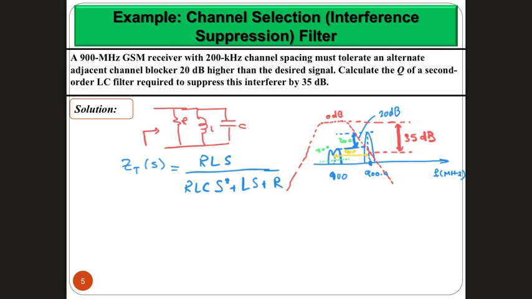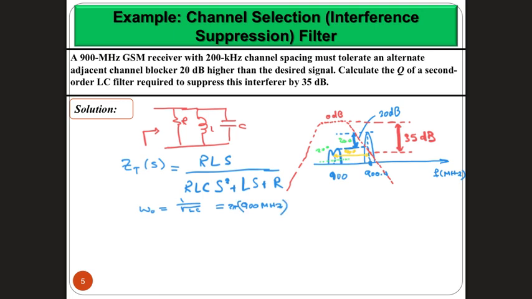And for this filter, the center frequency is equal to 1 over the root of LC. And we know that this center frequency is 900 megahertz, right? But don't forget that it's omega, not f, so it has to be multiplied by 2 pi.